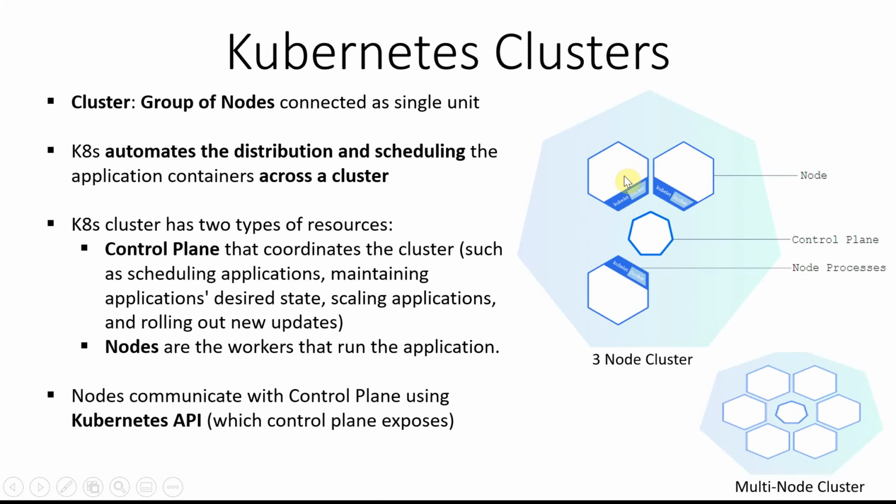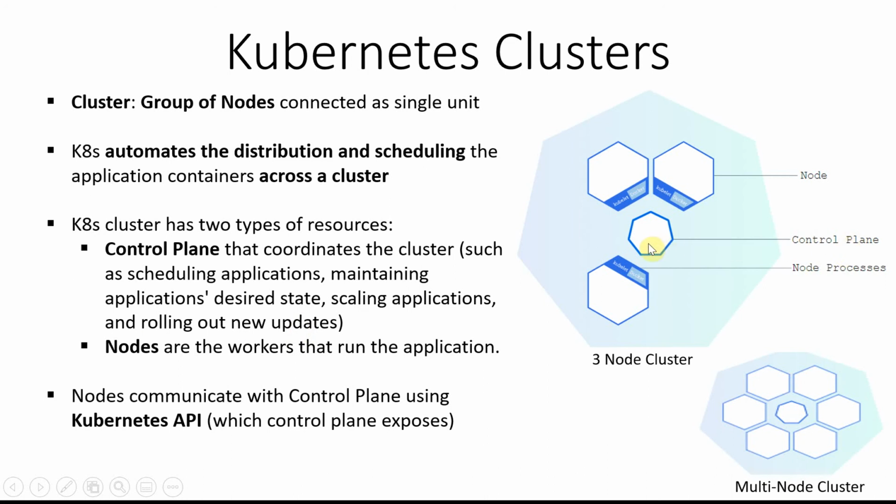You are giving three instances of Helloworld has to be running. The master will ensure that the desired state is always met, and the control plane also takes care of scaling requirements, and rolling out new updates.